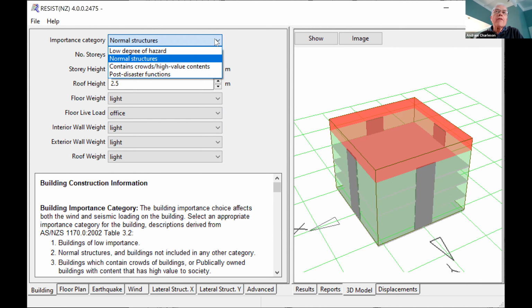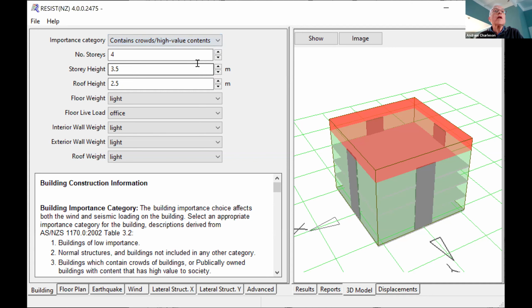But for a private medical clinic, well, let's say it contains very high value contents, some like incredibly expensive medical equipment. So we'll click high value contents. That means that this building is going to be a bit stronger than a normal office building.